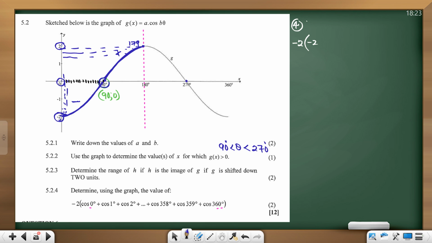Now, can we do the same on the right hand side? Okay. All right. What is cos 360? Cos 360 is what? More positive 2. The only positive 2 that I had was cos 180.